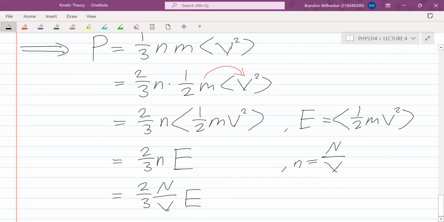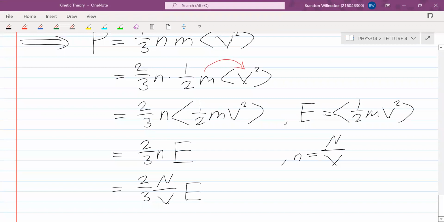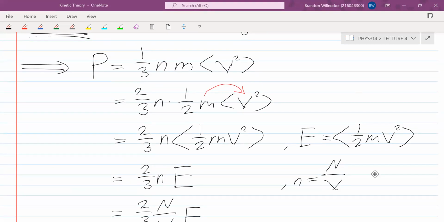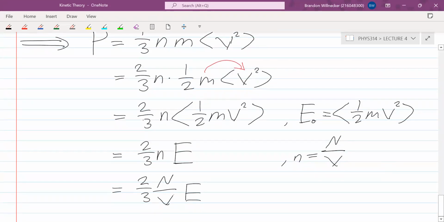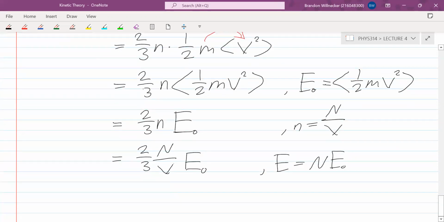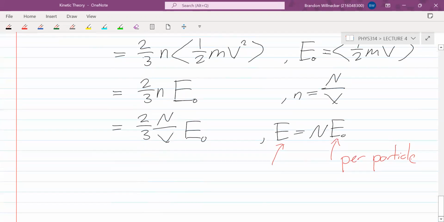Sorry, if we write this E, let's call that E0. So that's for a single particle, expectation, E0. And then let's say E is equal to N times E0. So that would be the total kinetic energy. So E0 is per particle, and E, this is for all the particles, so total kinetic energy.